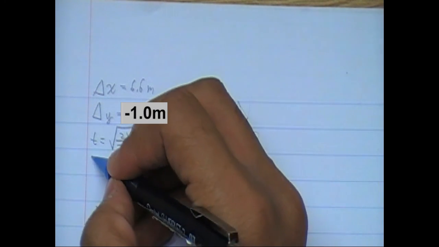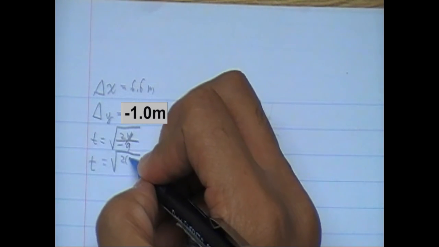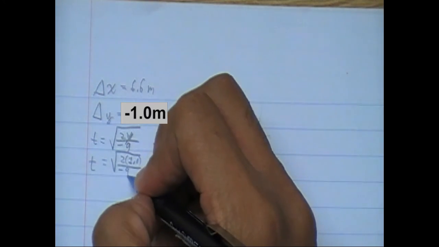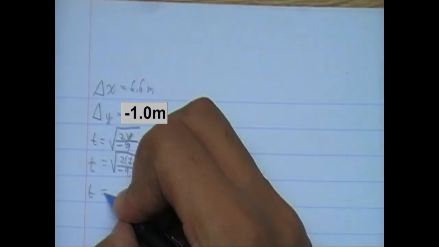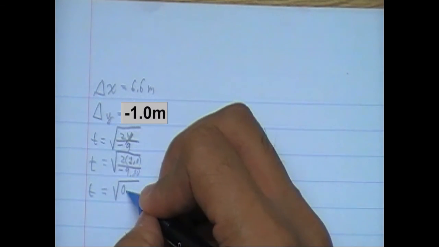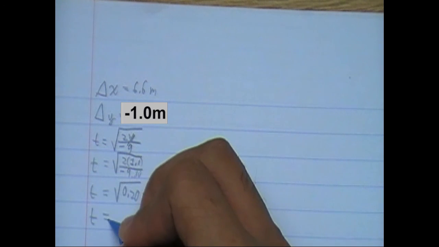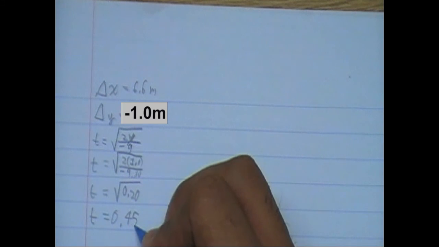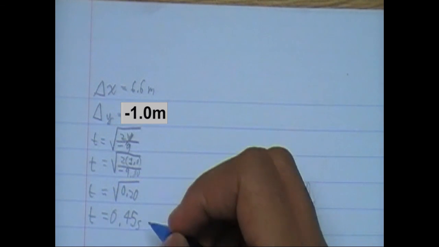So if we throw in those numbers, 2 times 1.0 over negative 9.80, t equals the square root of 0.20, and that comes out to about t equals 0.45 seconds.